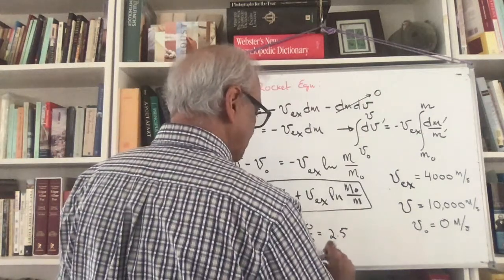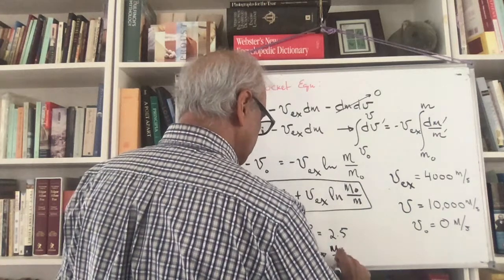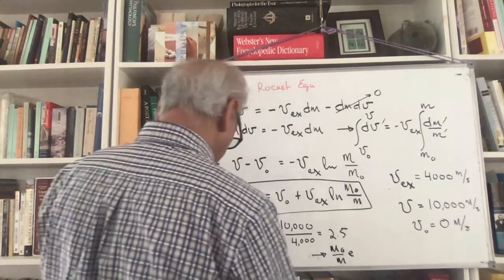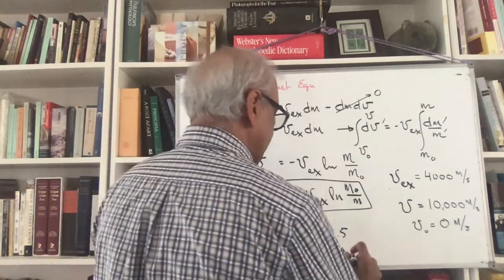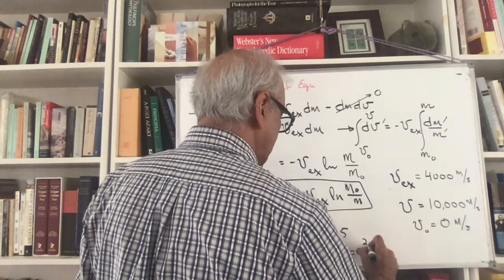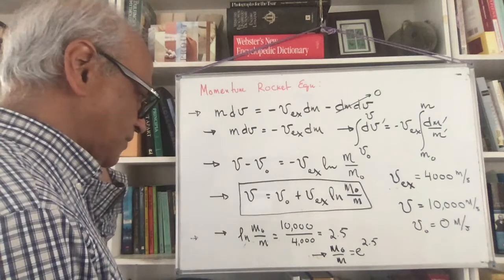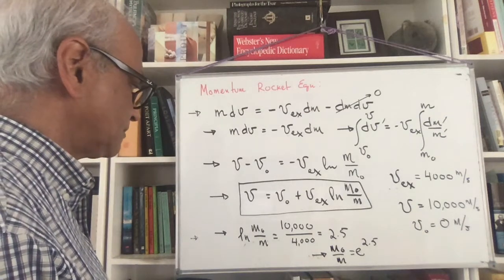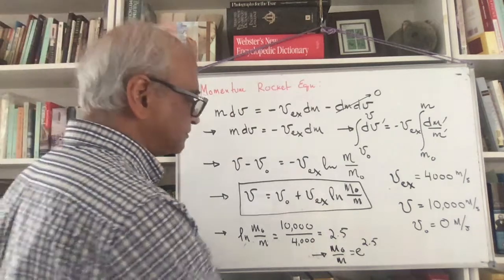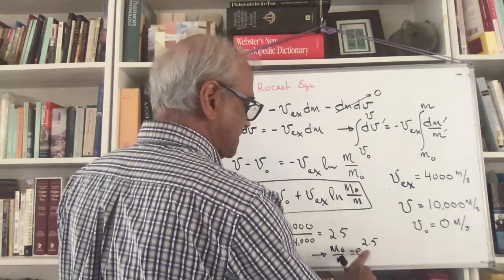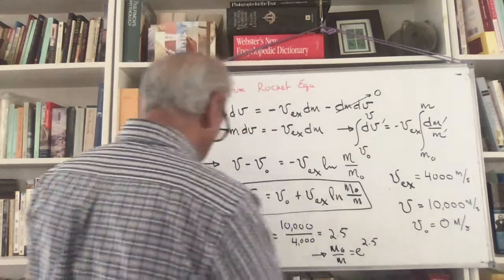What's m naught over m? Well, in this case, m naught over m would be e to the power 2.5, right? So that's basically the fraction.